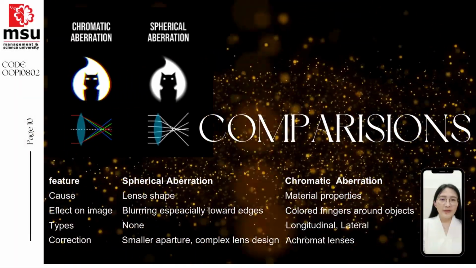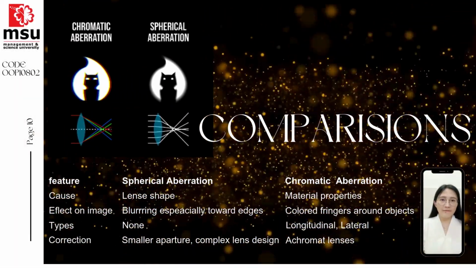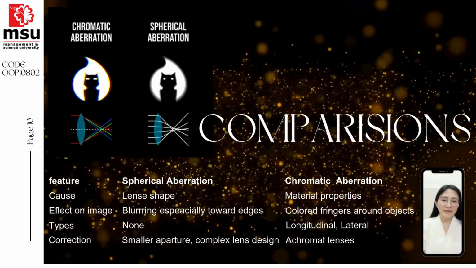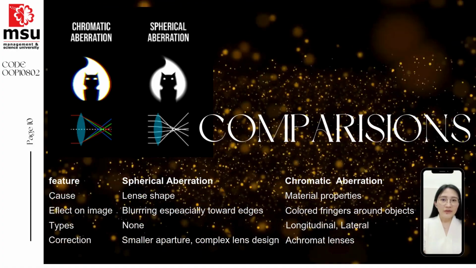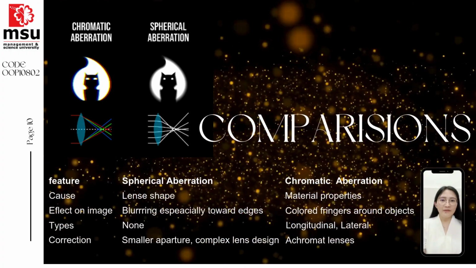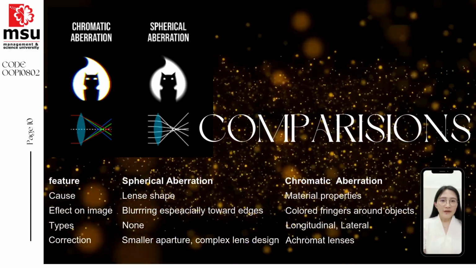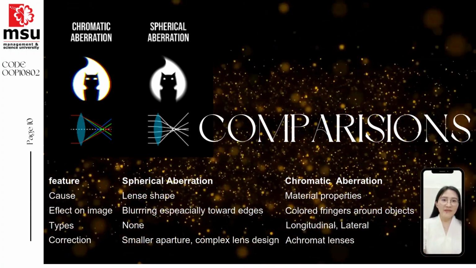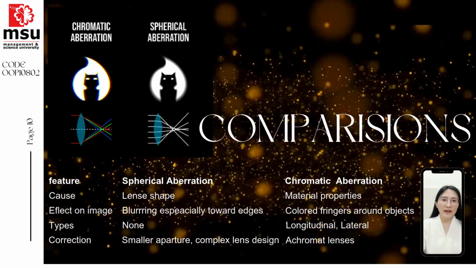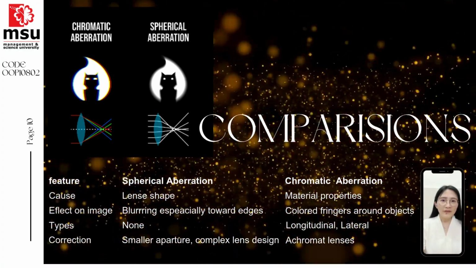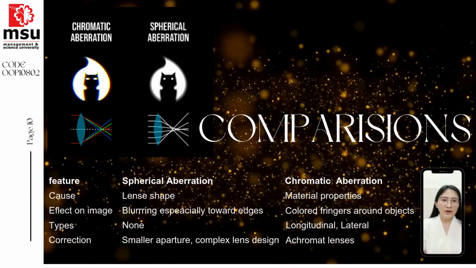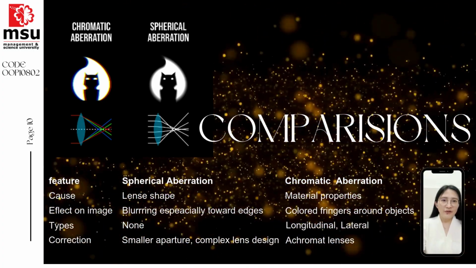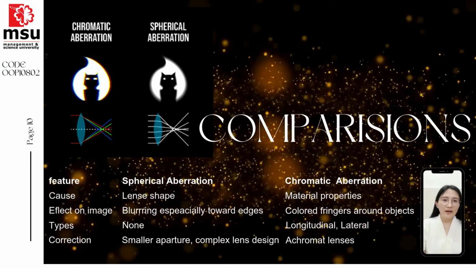Spherical and chromatic aberrations are both imperfections that occur in lenses and can affect image quality, but they arise from different causes. Spherical aberration happens when the lens itself has the wrong shape, causing light rays to focus at slightly different spots, blurring the image, especially at the edges.